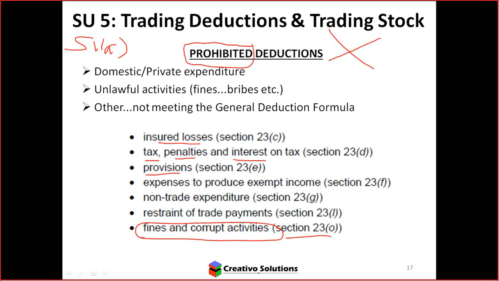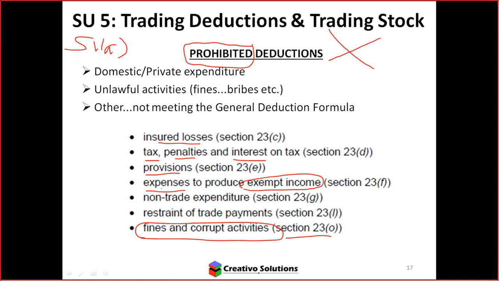Other ones. Expenses to produce exempt income. If you're producing exempt income, the expenses that you use will not be deductible, because then you're going to be claiming stuff on income that will never be taxed. So remember, what does SARS want to do? They want you to pay tax, but they want you to pay tax in line with your operations.